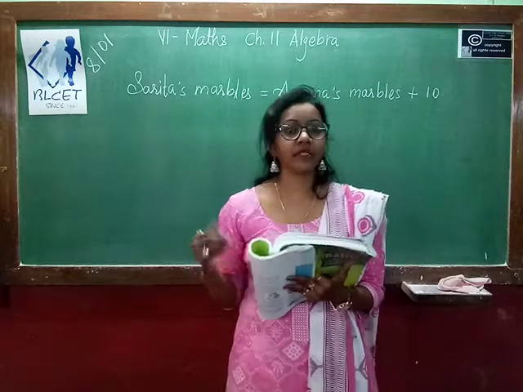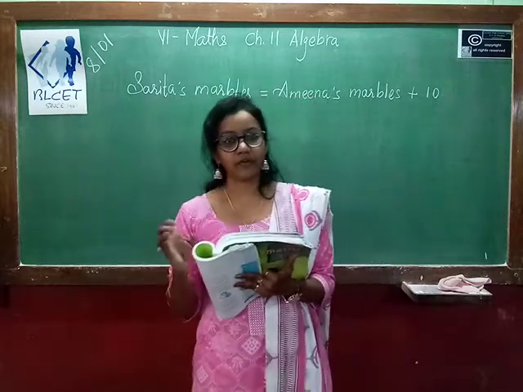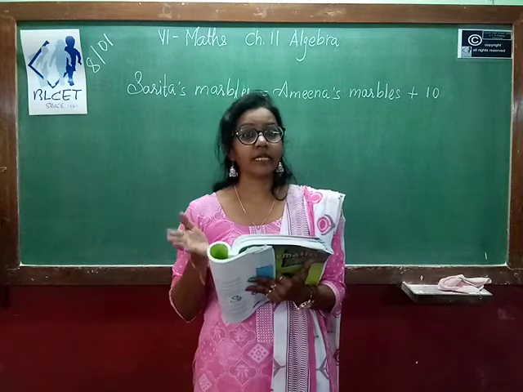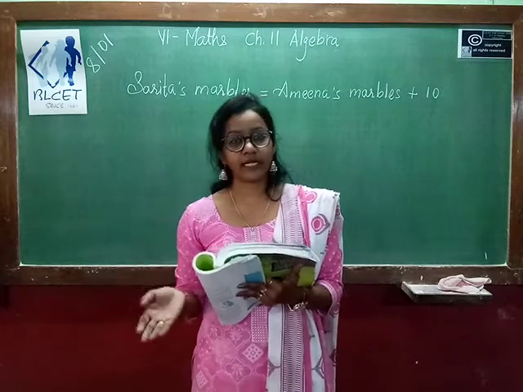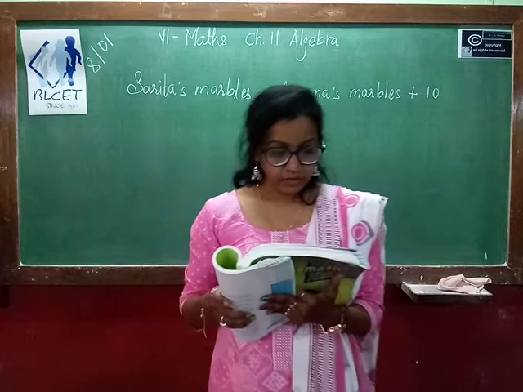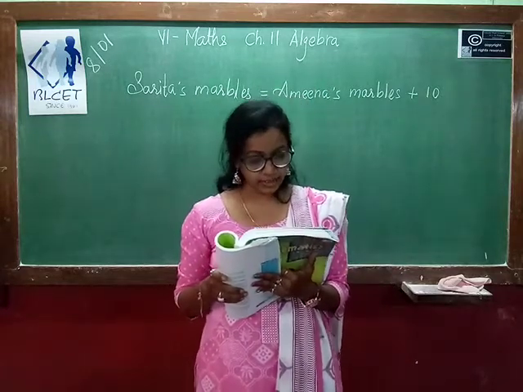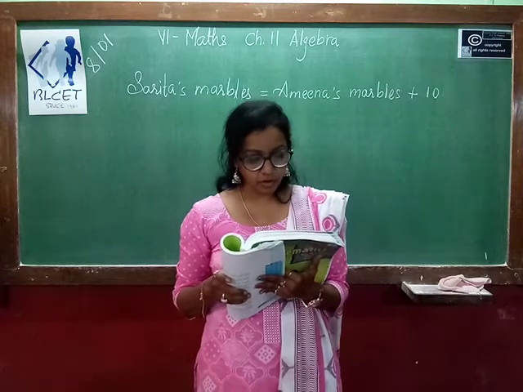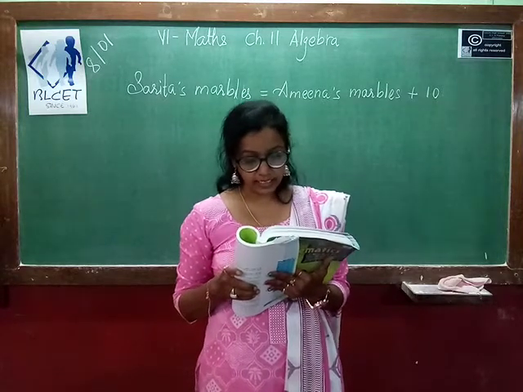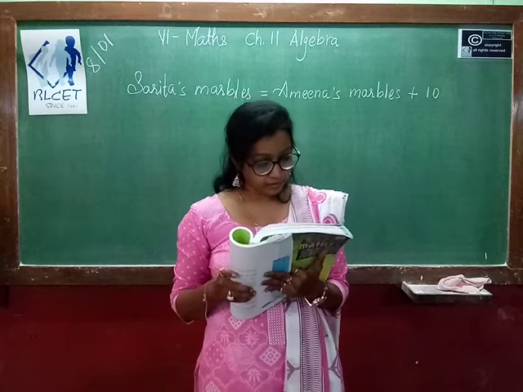So now we have seen the multiplication between variable and numbers. Now we will see multiplication as well as either addition or subtraction. So one example is given to you. Sarita says that she has 10 more marbles in her collection than Amina.